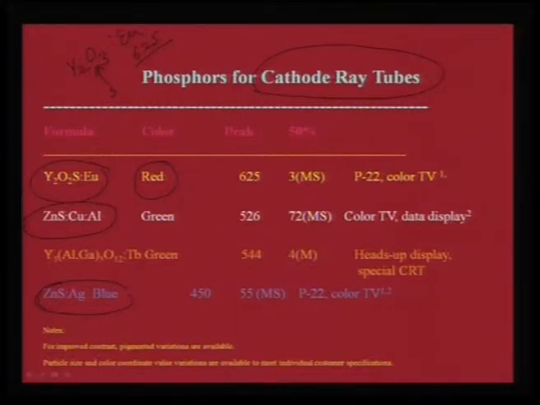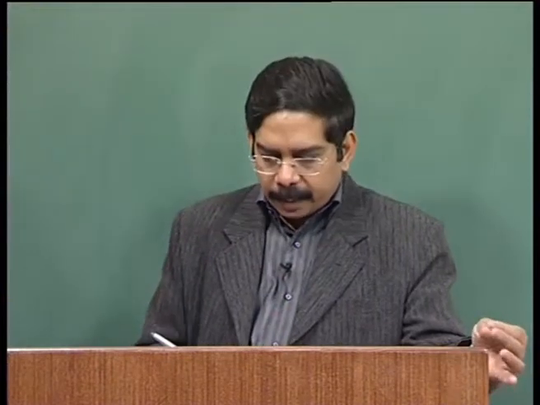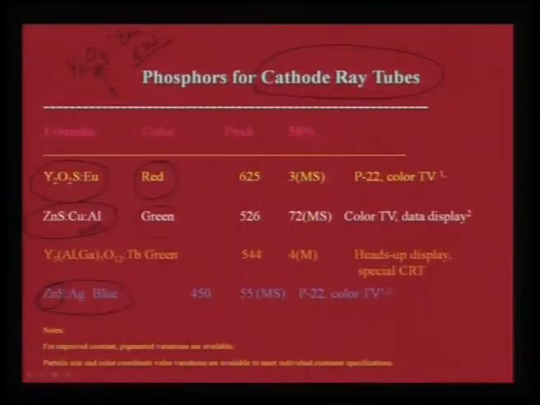The base material or the host is the same, zinc sulfide, but if you dope it with choice quantities of copper and aluminum, these are actually doped less than 5%, and if you make the right proportion then you get green for copper, but if you dope it with silver then you get a clear blue emission.